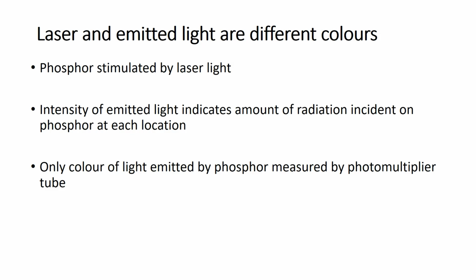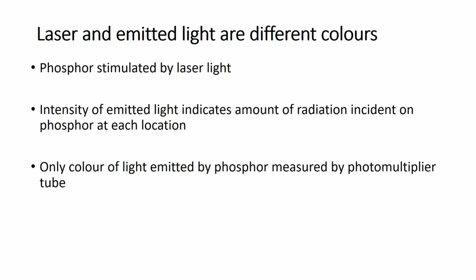Now we will discuss the laser and emitted light during computerized radiography. The laser and the emitted light are different in color. First the laser is used, which stimulates the phosphor layer.